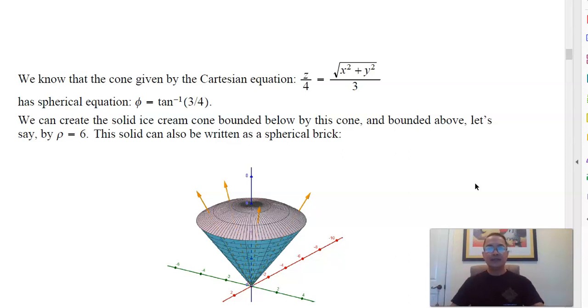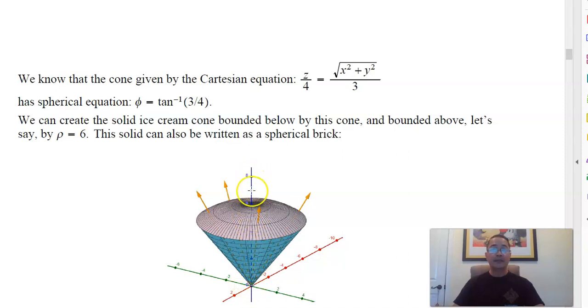The test for spherical bricks is very similar. You stand at the origin, and then you shoot arrows through the solid in all directions, until you're now missing the target. You are missing the solid entirely.